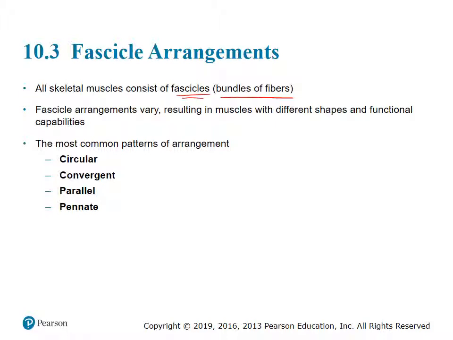Groups of muscle fibers bound together by connective tissue, right? And these arrangements can vary, depending on where they're found and what they're used for. And so we see different shapes because of the bundles of these fascicles of this muscle around the body, right?